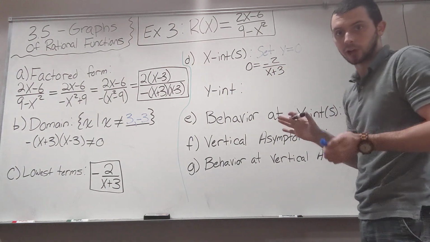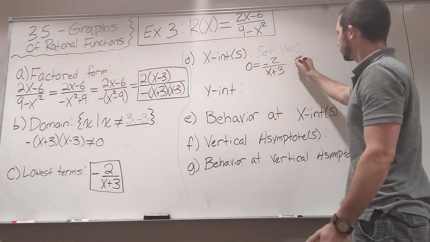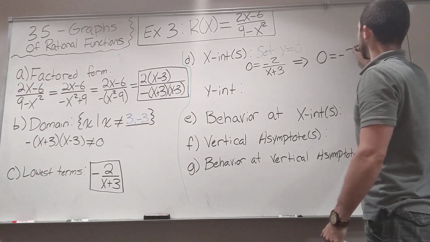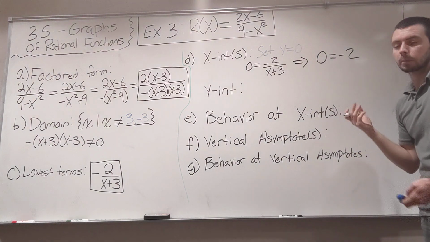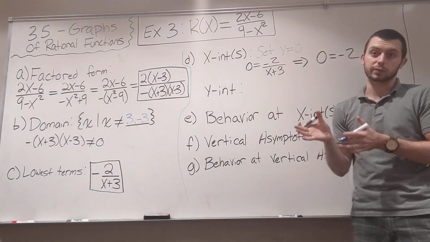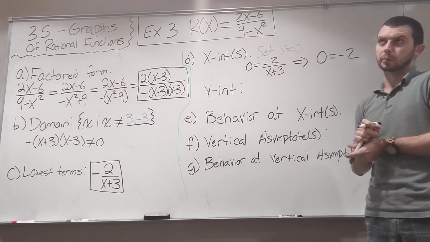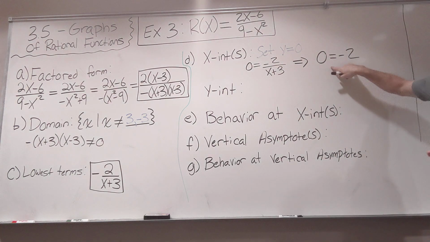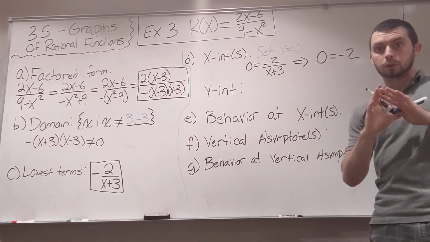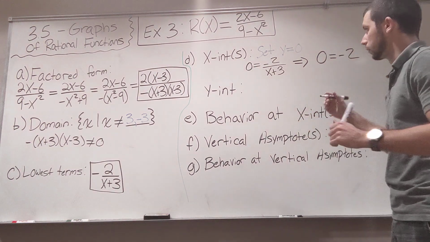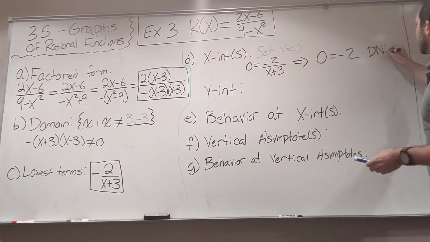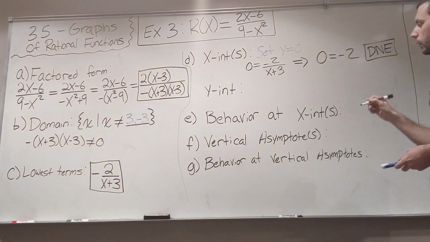And if you clear out the denominators like we've been doing, what that simplifies to is 0 is equal to -2. And as we found in the previous problem, or it might have been 2 problems ago, this is an expression that doesn't make sense, so we get no conclusion. There are no x-intercepts that we get from this.